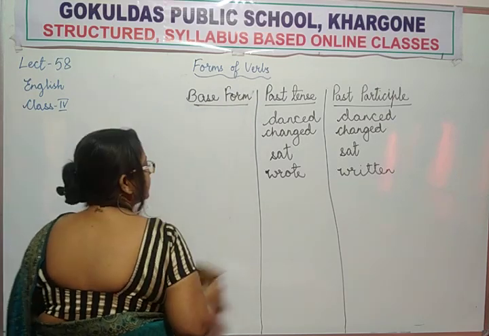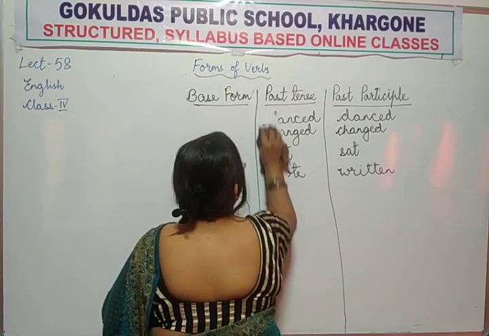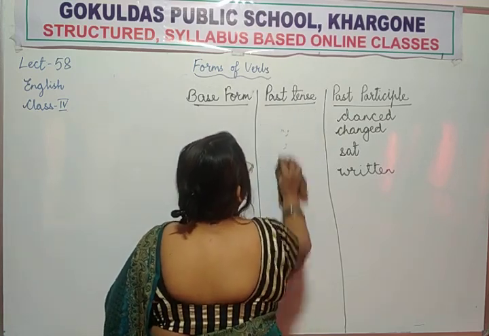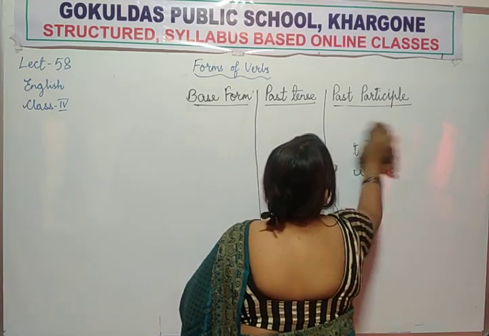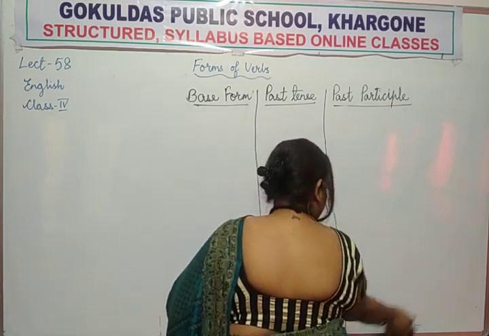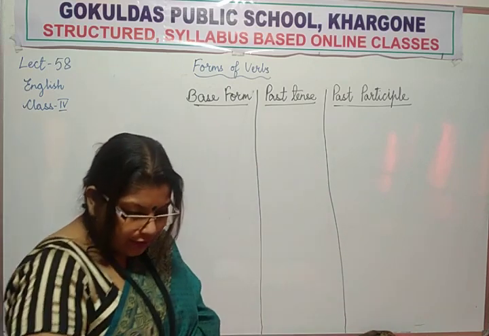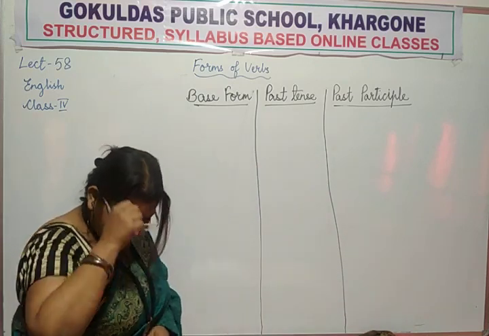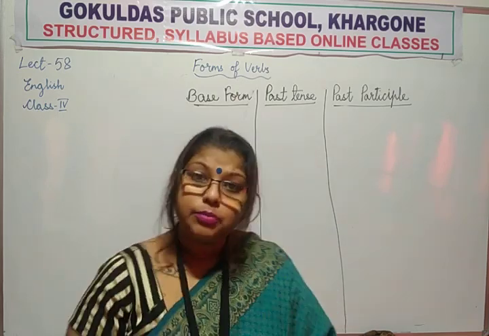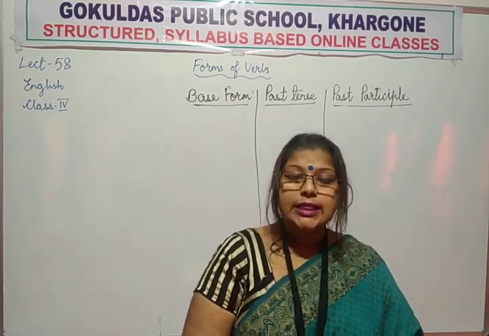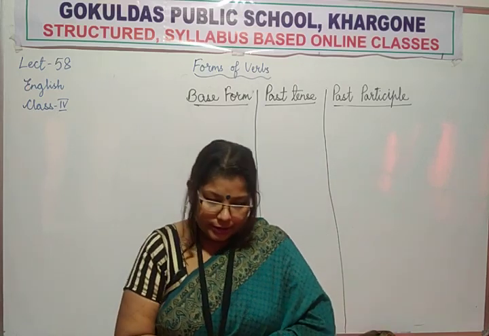Let's check. So what is the base form? See, there are several words given here in your book. Let's read those and then I'm going to explain it on the board.